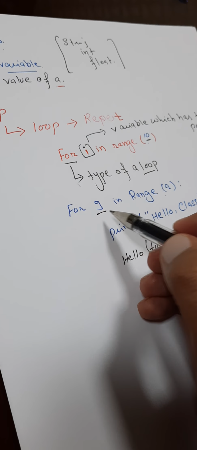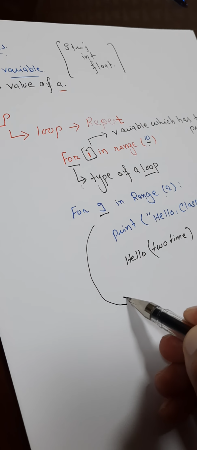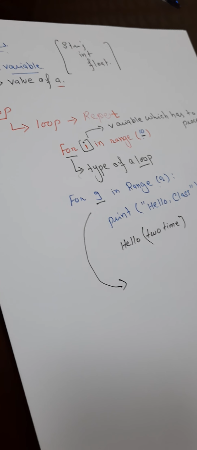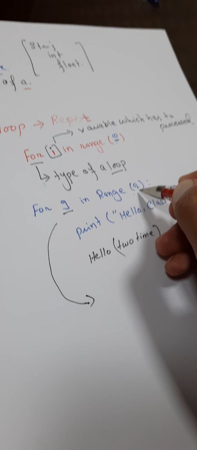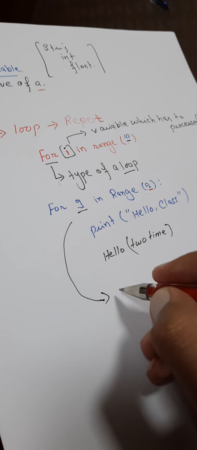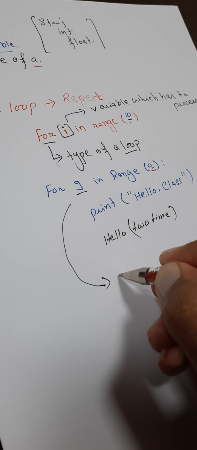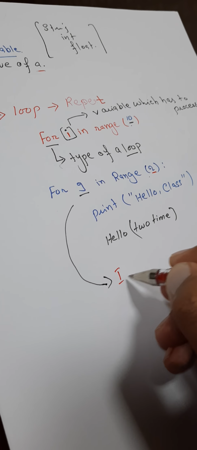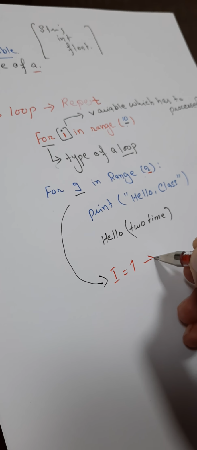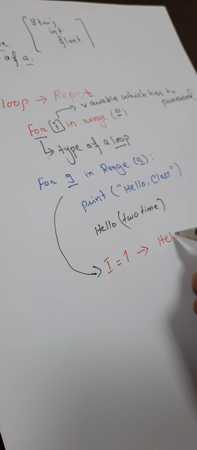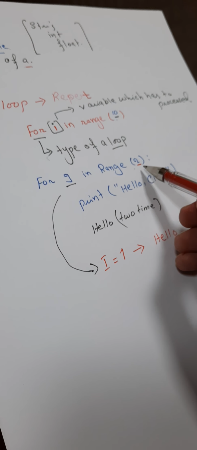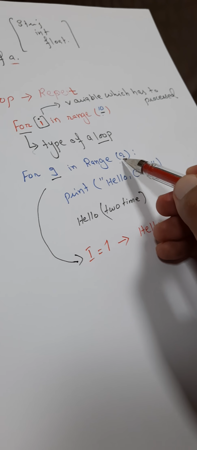Why 2 times? Whenever this executes, the first time i will print hello because it has to approach 2. So when I start, when i equals 1, it prints hello. Then i has to be 2.